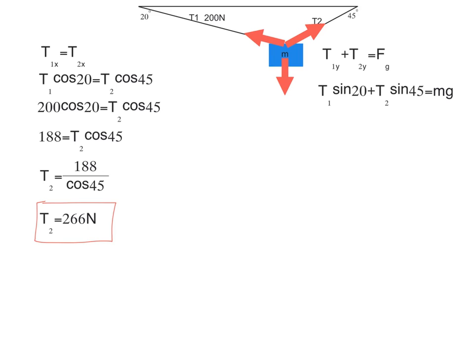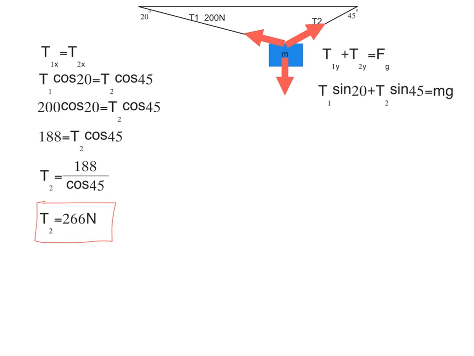And then we're going to add T2 sine of 45. And this will equal, and if you remember, Fg is saying the same thing as mg, mass times gravity. Good.